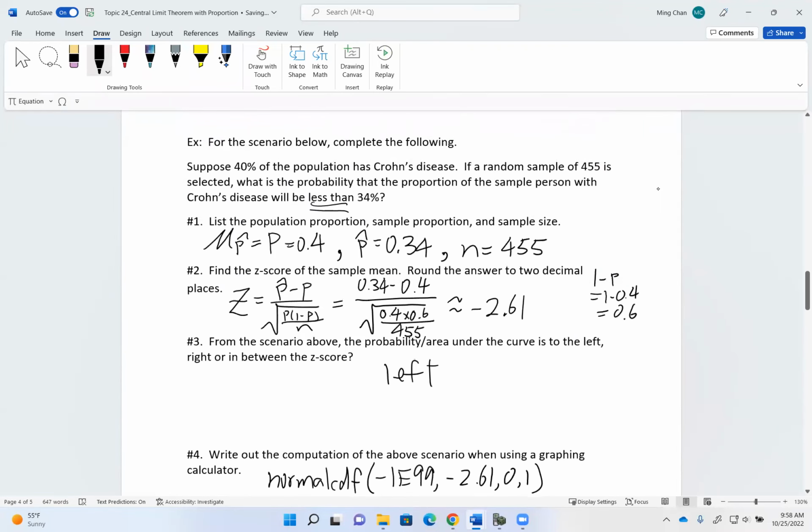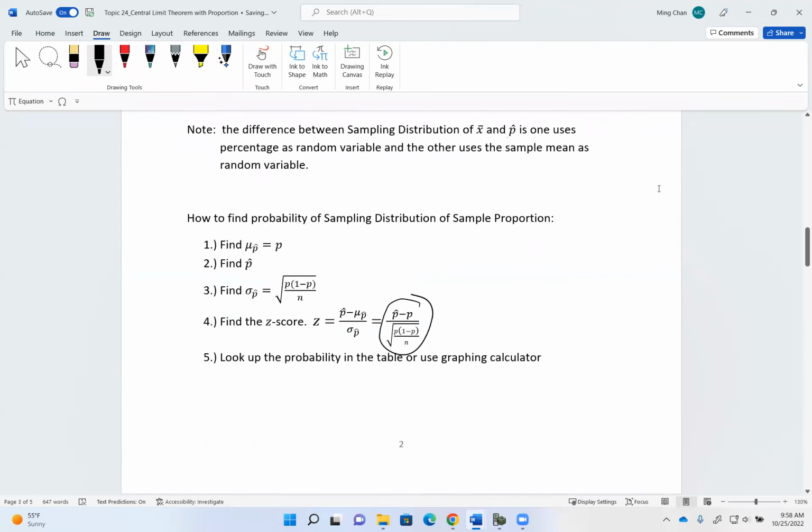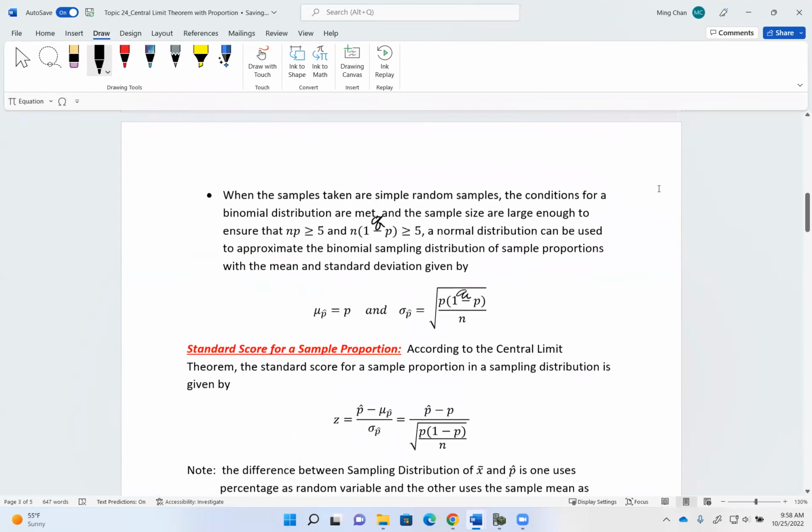That's the reason the conditions for binomial are met. The conditions for binomial are met when n times p and n times q are greater than or equal to 5. So make sure the sample size is large enough for the binomial condition to be satisfied. A normal distribution can then be used to approximate the binomial sampling distribution of the sample proportion.